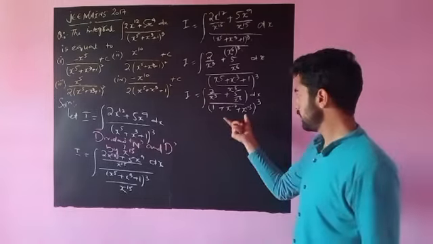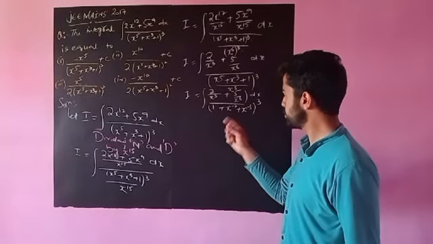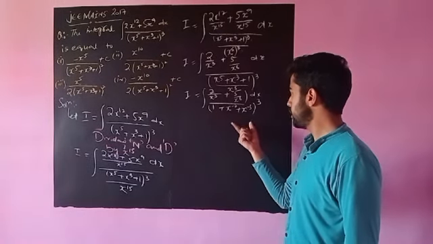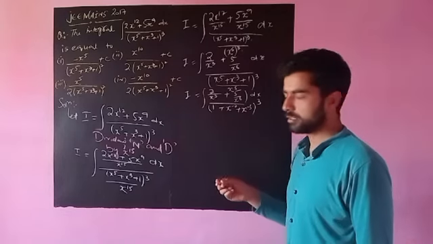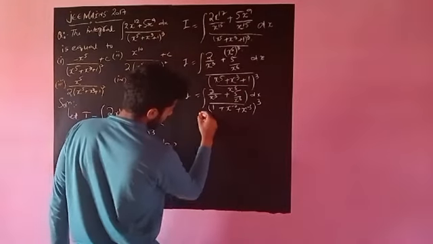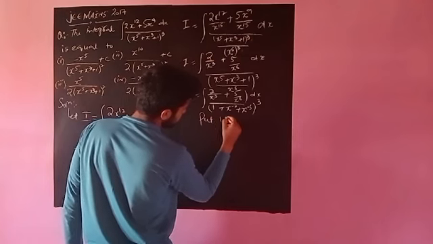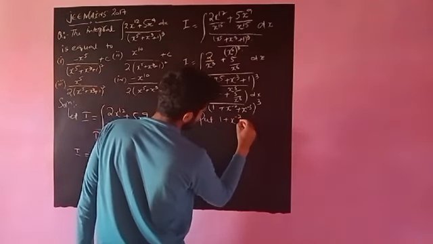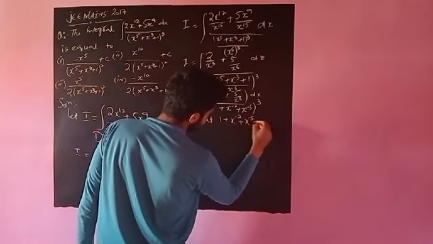Then we will use the substitution method. If we put this as z, the integral comes out. We put 1 plus x^-2 plus x^-5 is equal to z.